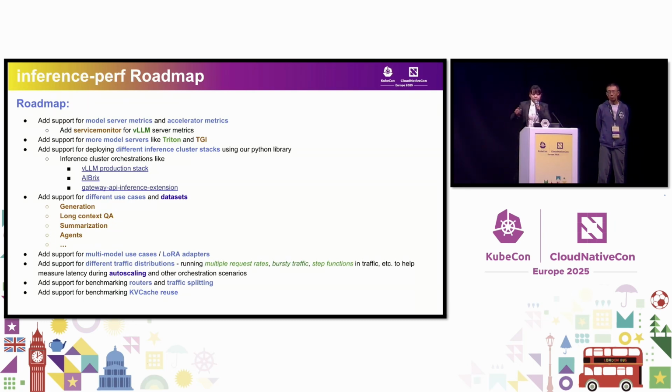So in the future, we want to expand these benchmarking libraries to not only benchmark the server performance, but also different use cases like long context, QA, summarization, agent. And then our focus will be expanded to not only the server performance optimizations, but what kind of router performance we should have, and whether we can better reuse the KV cache, etc. Okay, I will hand it back to Yuan.